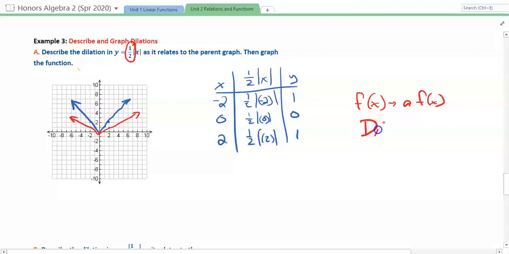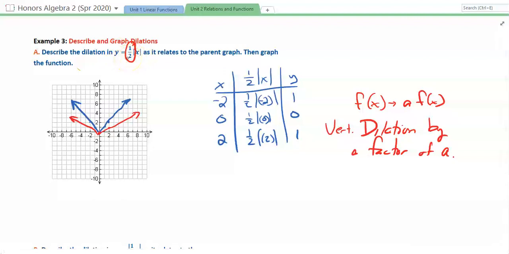So this is a dilation, and it's a vertical dilation to be exact, a vertical dilation by a factor of a. And so it takes all of our y values and multiplies them by the value that's in front. So again, if we had a value of 3, we'd be multiplying every y value by 3. If we've got a half here, we're going to multiply them all by a half, which means the y values get smaller. And so we end up, in this case, squashing this graph down.